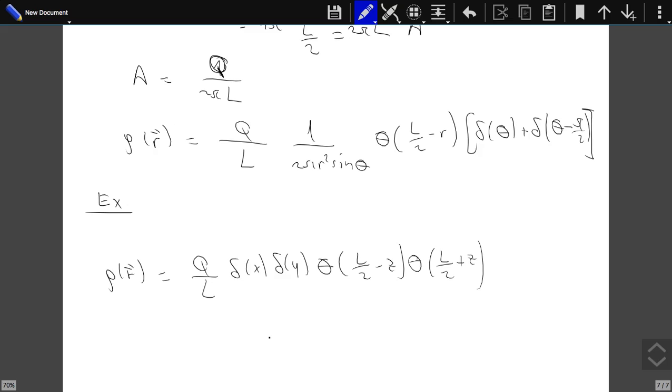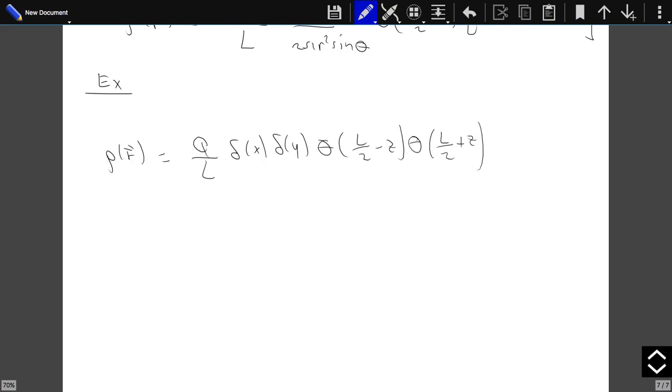Once you identify your volume charge density, calculating the electric field is just doing some integrations. The electric field is equal to the integral of dV rho of r prime, r minus r prime divided by r minus r prime cubed. This is always true. The electric field at the point r, in terms of the charge density, can always be written in this form.